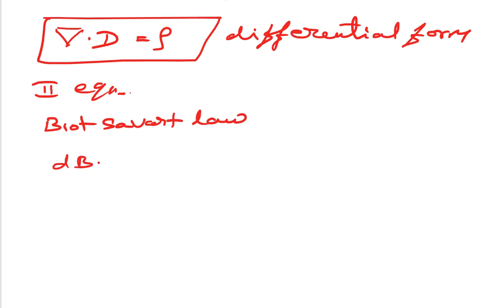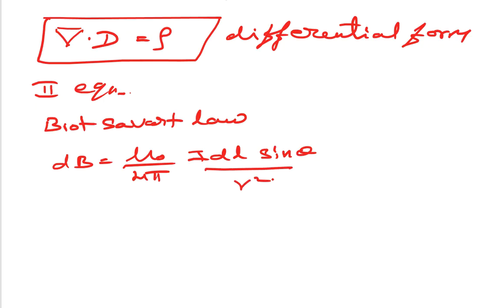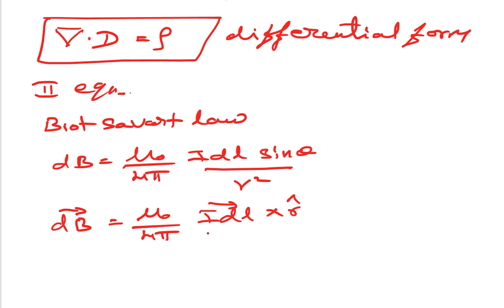We know the differential form of Biot-Savart law, dB equal to mu naught by 4 pi, I dl sine theta by r square. Now the same can be written in vector notation: dB vector equal to mu naught by 4 pi, I dl vector cross r cap by r square.